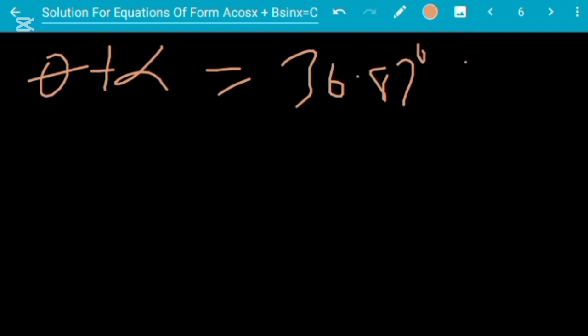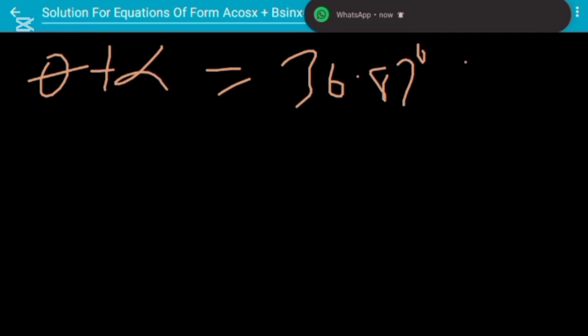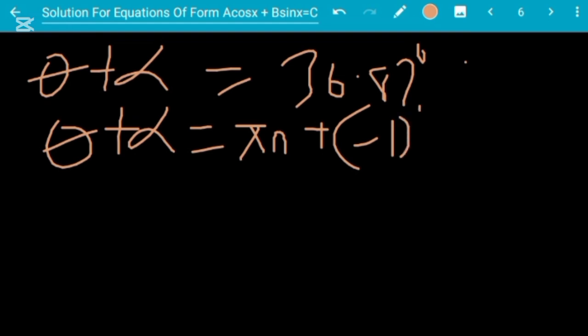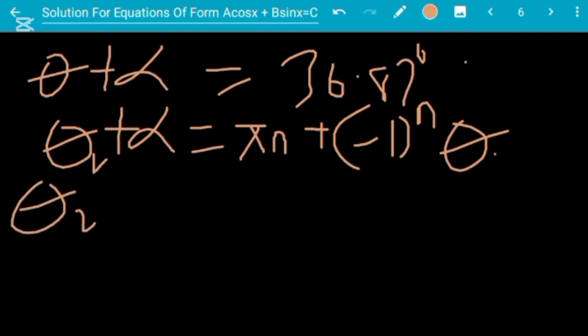But to calculate the general solution of this equation, the formula for the general solution is theta plus alpha is equal to pi n plus minus 1 raised to power n multiplied by theta. This theta is equal to 36.87 degrees. And note that they do not give us this theta. Let me call this one theta 2, and this one theta 1, to avoid confusion.